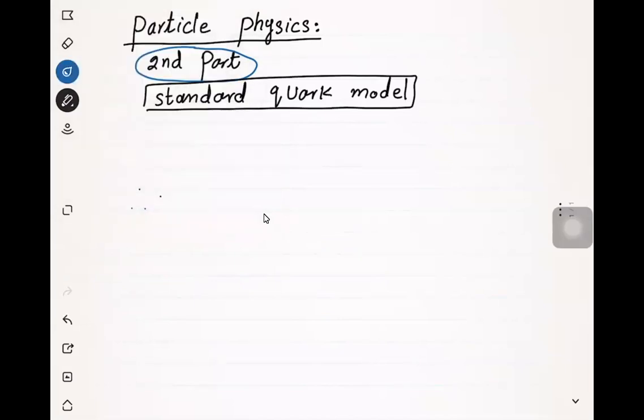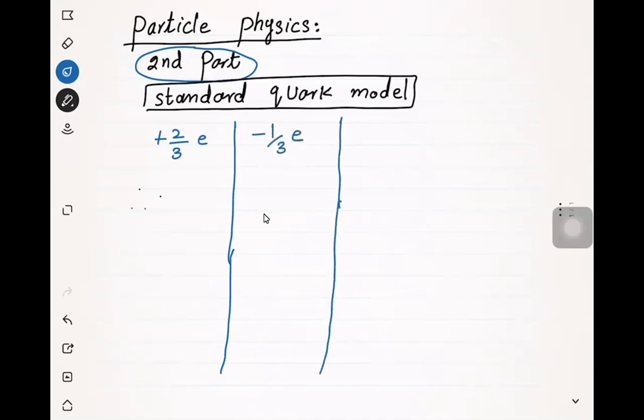There are two types of quarks, one with charge plus 2 by 3e, and the second type with charge minus 1 by 3e. And all the quarks have a property called baryon number.